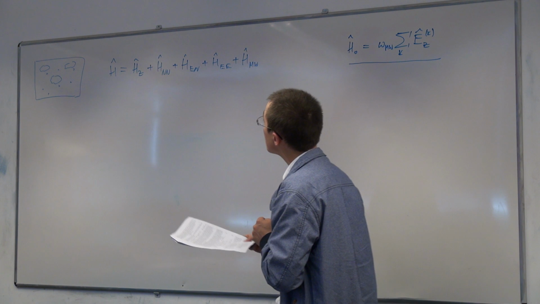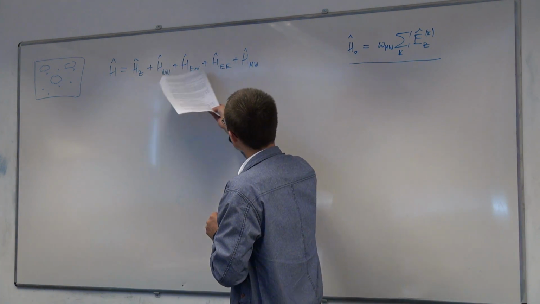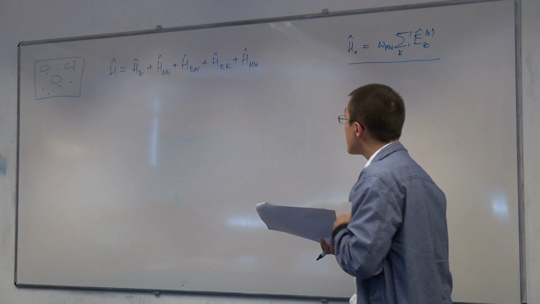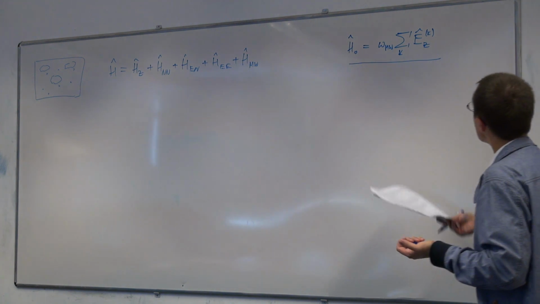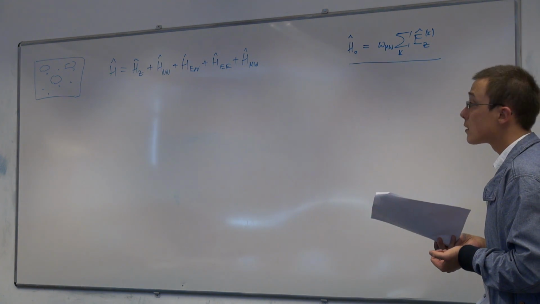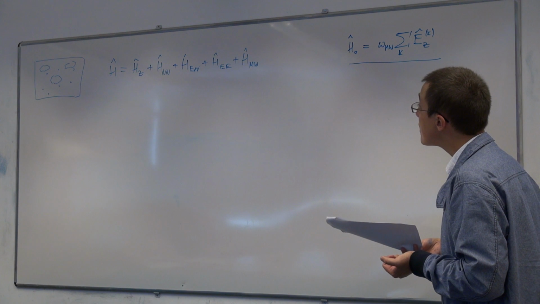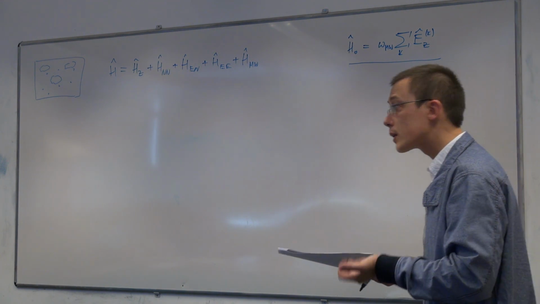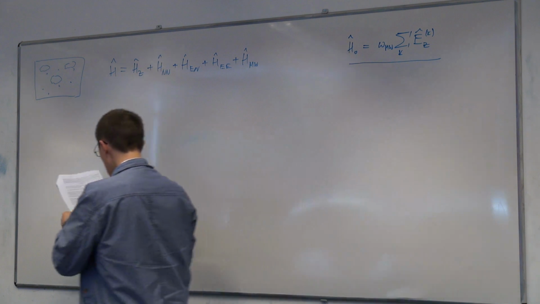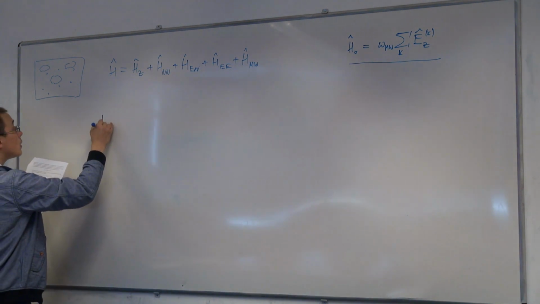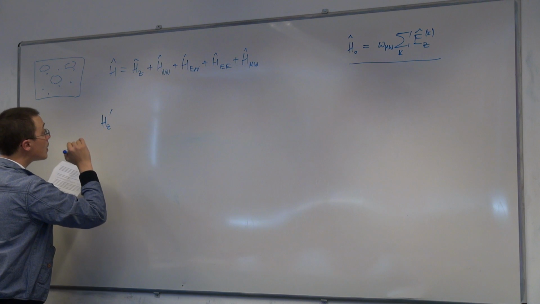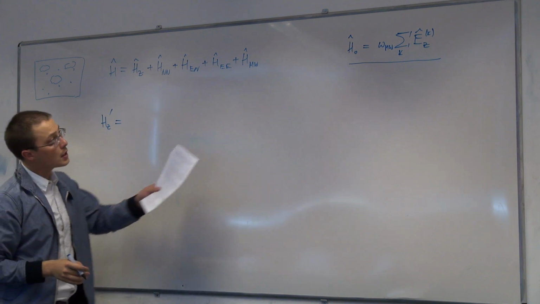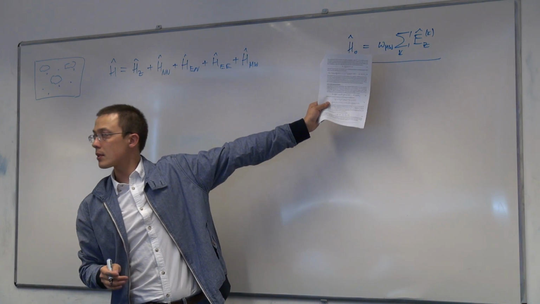So let us go through each of the terms in here, take a look at what they do and how they transform under this Hamiltonian, and then decide what we can ignore and what we cannot ignore in the resulting rotating frame. So the Zeeman Hamiltonian, Hz prime, well, this is a Zeeman type rotating frame transformation.